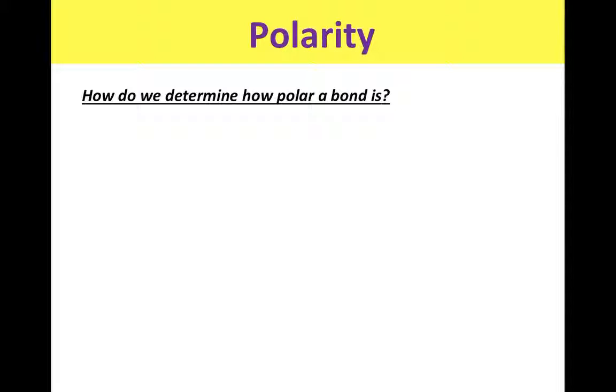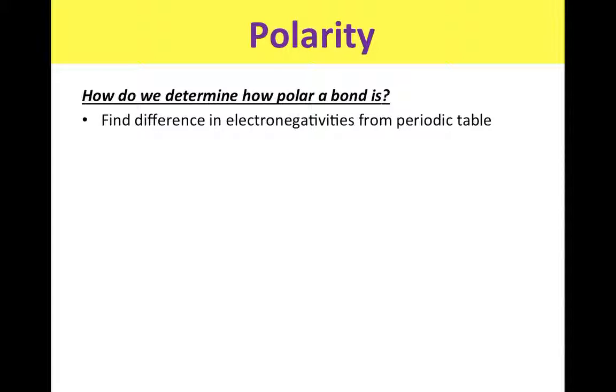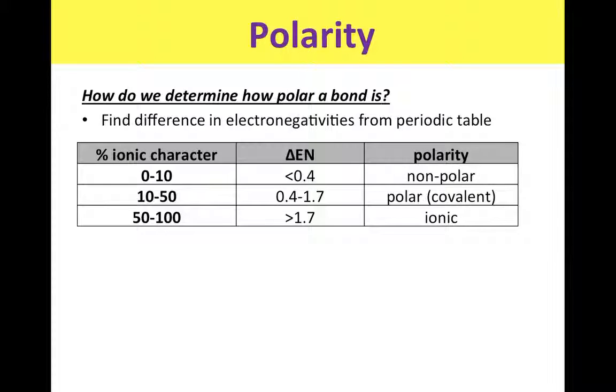And in order to find out the polarity, you will remember that you have to find the difference in electronegativities from the periodic table. So if you look at your periodic table, it's in the left or the right hand corner. And you would remember that there was a kind of a line with these values, the electronegativity difference values between two elements in a compound.